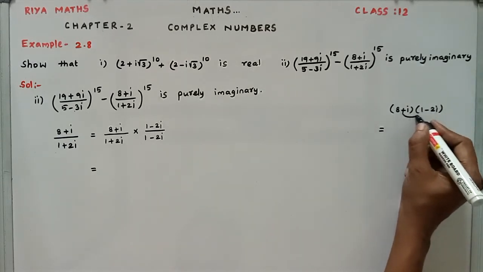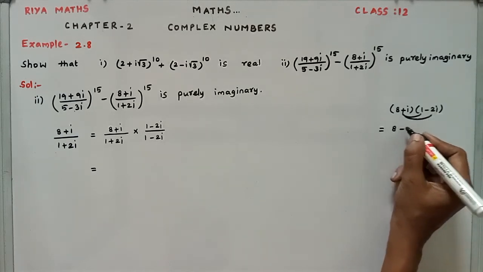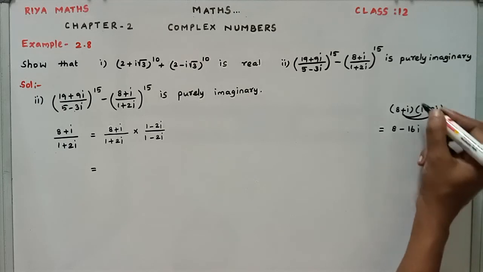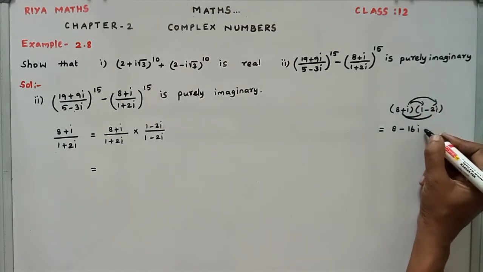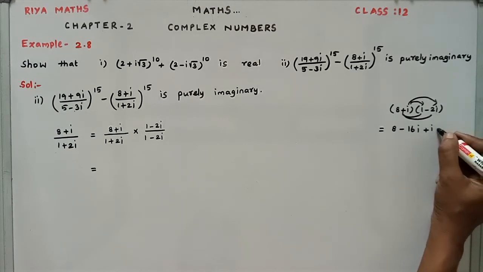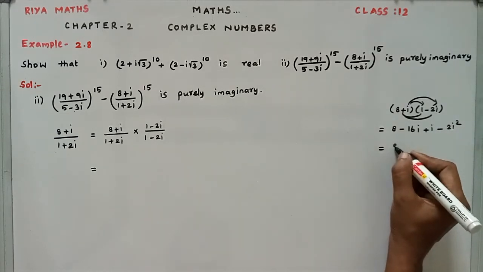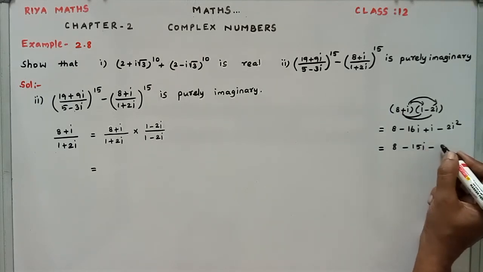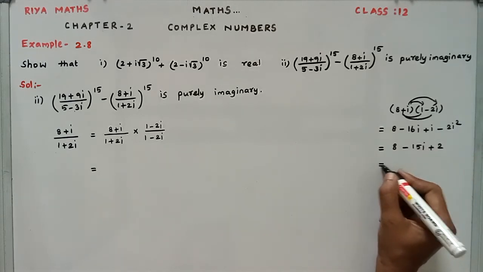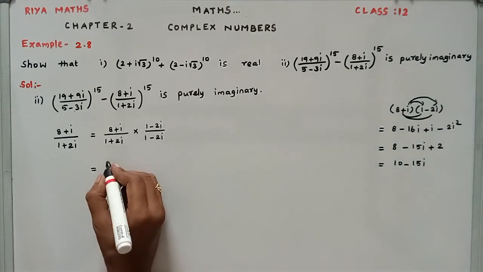First 8 into 1, 8 into minus 2i, so 8 minus 16i. Next i into 1, i into minus 2i, so plus i minus 2i squared. So 8 minus 15i, minus 2 into minus 1 as plus 2, which is 10 − 15i.